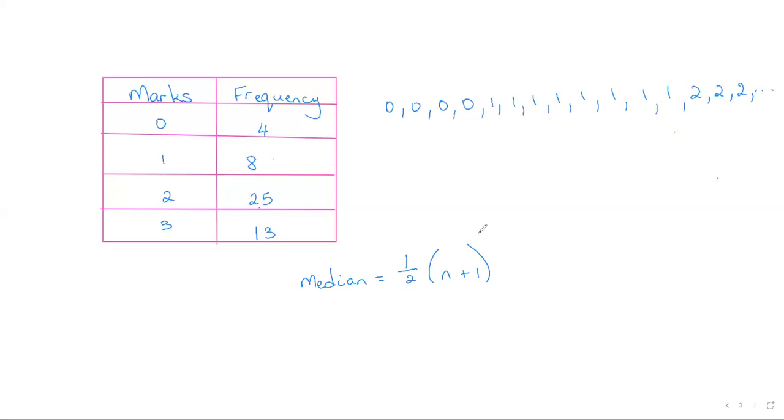For me to write out all of these numbers and then check end to end until we cancel, that will be too long. So we can use this formula, which finds the position of the median.